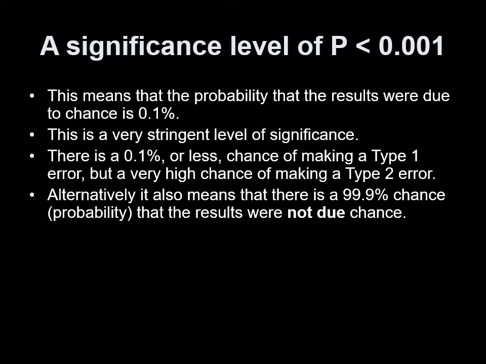So if you're testing the effectiveness of drugs, then it may well be that you test to a much more stringent level. But most psychological research isn't done in that format, so therefore we would probably test to a lower stringency level.